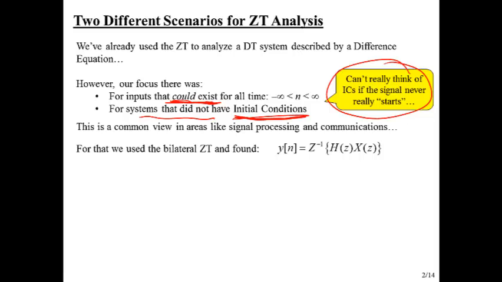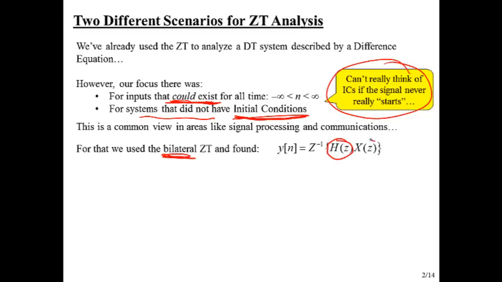And that's a common view in areas like signal processing and communications, where the focus is on a signal comes in with some information and we're trying to modify that signal, extract the information, change the information, things like that.